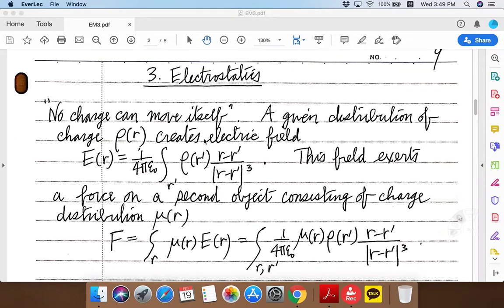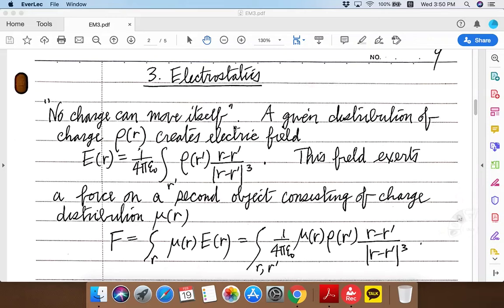The first statement that I want to prove to you is the fact that no charge can move itself. So what I mean by that is if a charge is out there somewhere, then it creates electric field. And electric field acts on other charge and pushes or pulls that piece of charge through Coulomb force.